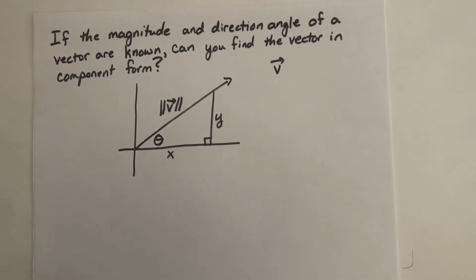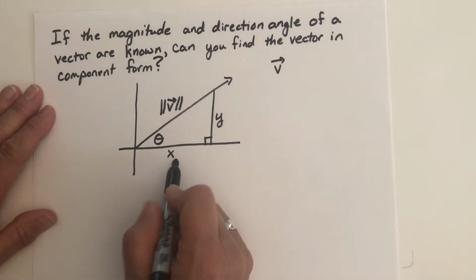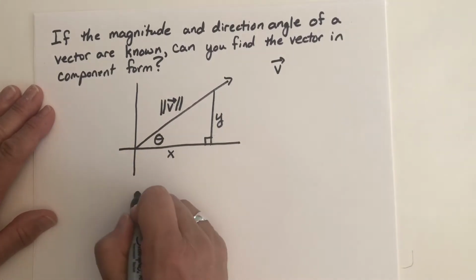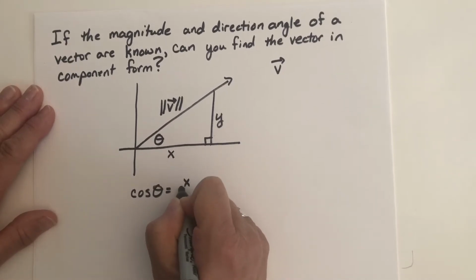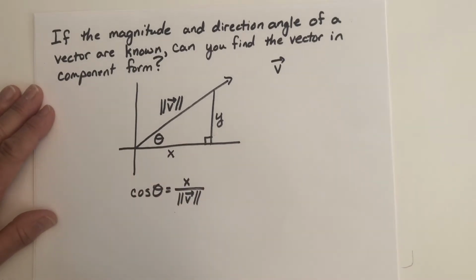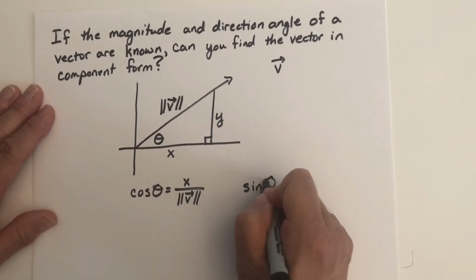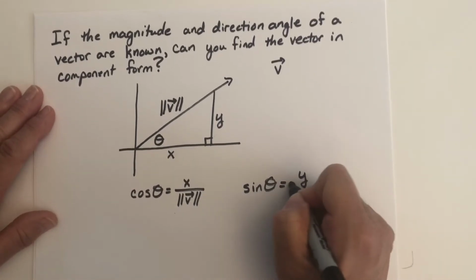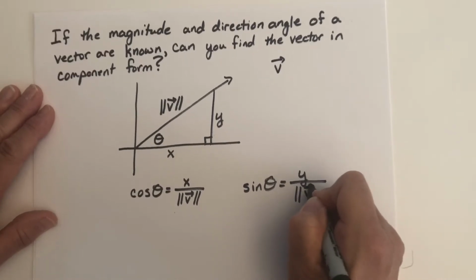And I hope you recognize that we have seen this in trig many times, pictures that look like this. Our job is to find x and y. So cosine of theta would equal x over the magnitude of v. And similarly, the sine of theta equals y over the magnitude of v, right?